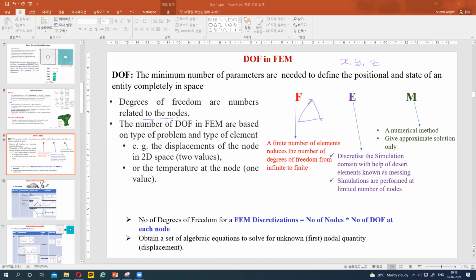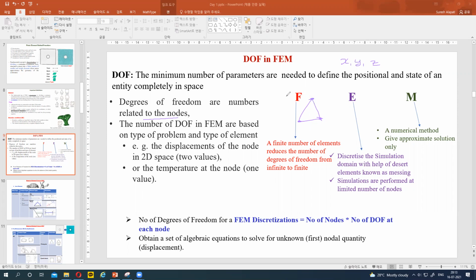For the same element and the same number of nodes, solving a structural analysis of a 2-dimensional problem, we have to find 2 degrees of freedom at each node: ux, uy at the first node, ux, uy at the second node, ux, uy at the third node.